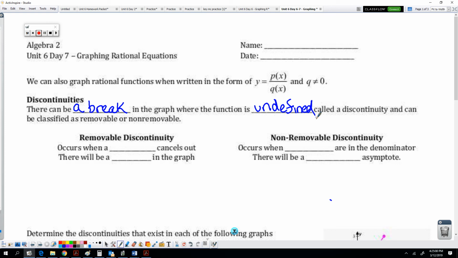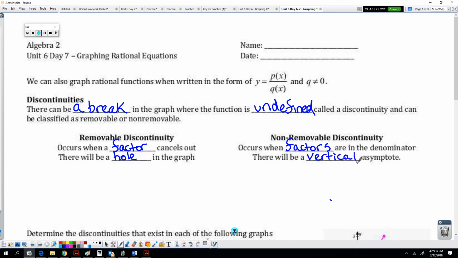Your removable discontinuity is going to occur when a factor cancels out and there's going to be a hole in the graph. Now, a non-removable discontinuity occurs when factors are in the denominator and there's going to be a vertical asymptote.